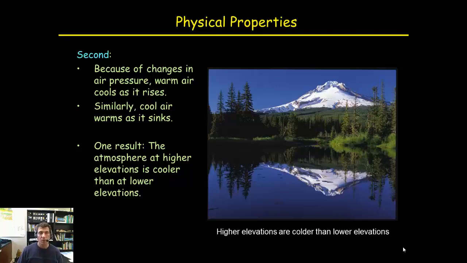Okay, the second principle is that due to changes in air pressure, warm air tends to cool as it rises, and similarly, cool air likes to warm as it sinks. What happens is really as cold air is going from a high elevation to a lower elevation, it will warm because the Earth's gravitational force is pulling those molecules together, so the parcel has more and more density to the air molecules, and they get squeezed together close to the Earth's surface.